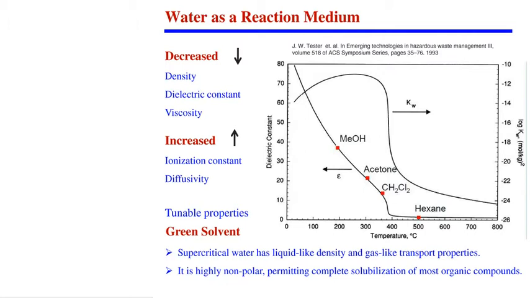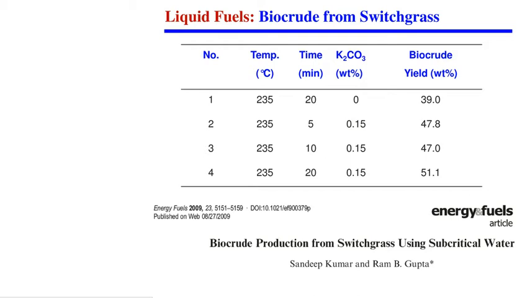So use of subcritical water is here in the water medium. What is the benefit? We don't have to dry biomass. In fact, we can use additional water and then we can recycle this water back. In one of the research when I did that, this paper was published 3 or 4 years back, switchgrass can be liquefied as low as 235 degrees Celsius in subcritical water to make biocrude, and the yield was roughly 50%.